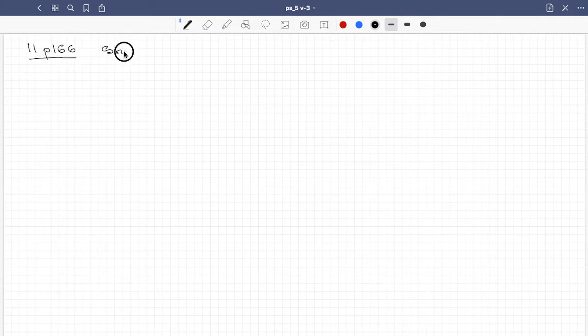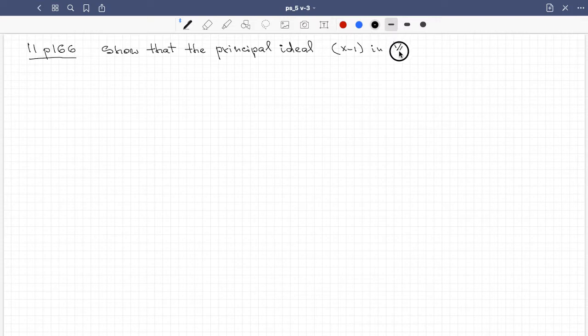Show that the principal ideal generated by x minus 1 in the ring of polynomials with integer coefficients is prime but not maximal.